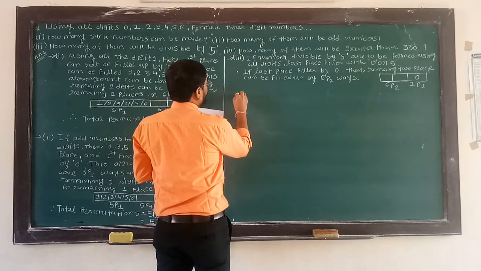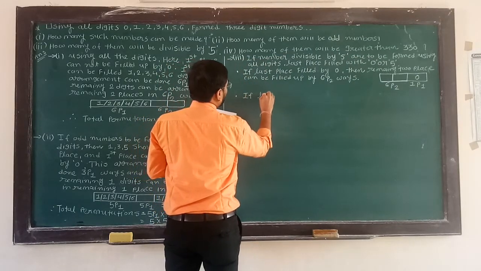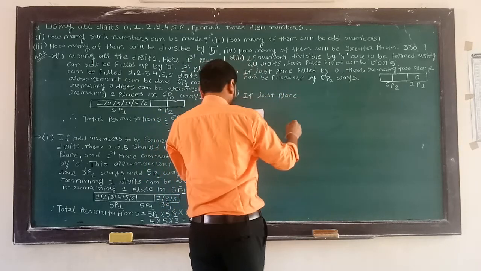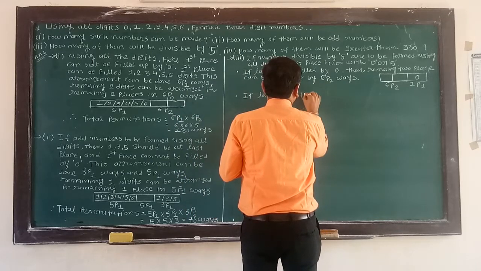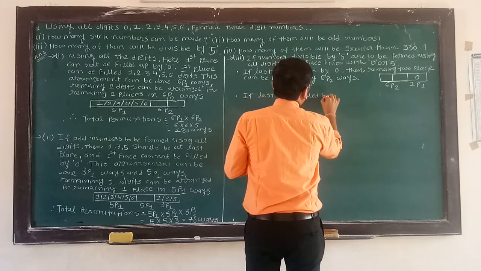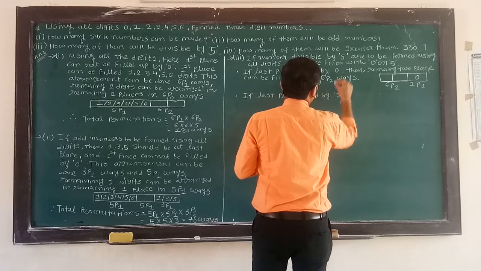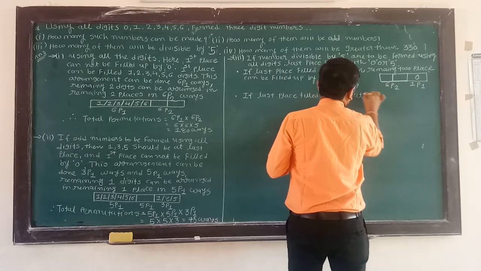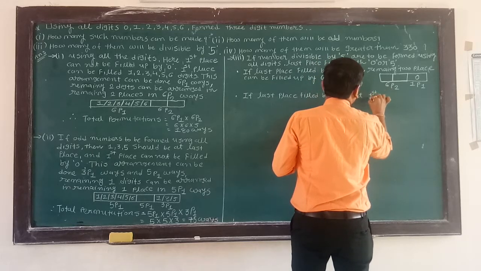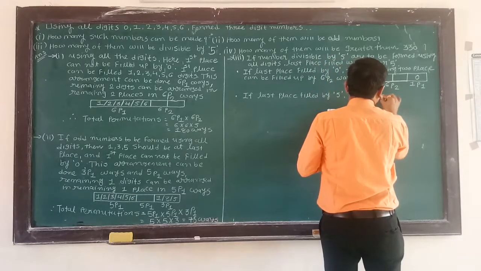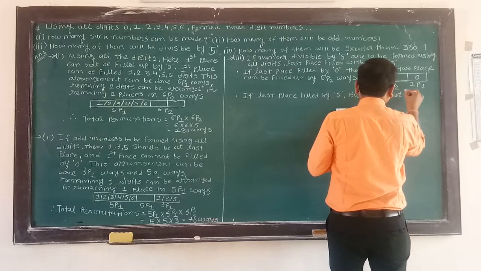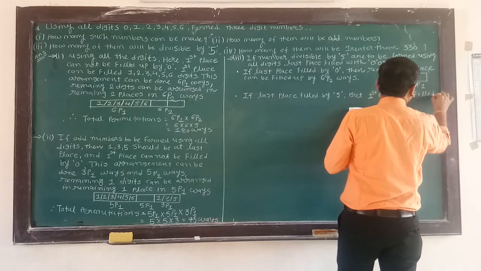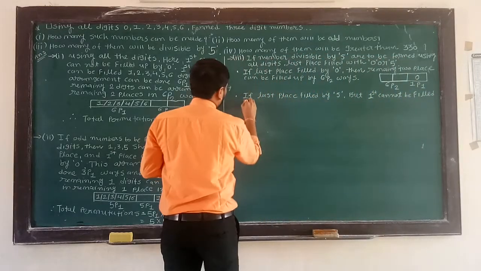Now condition number 2, if the last place is filled up by 5, but the first place cannot be filled by 0.